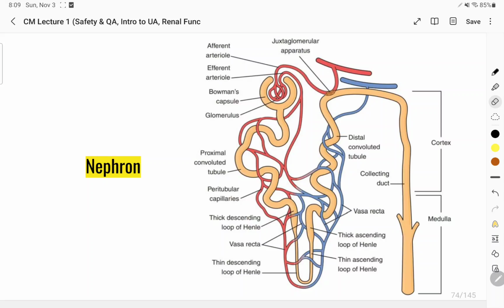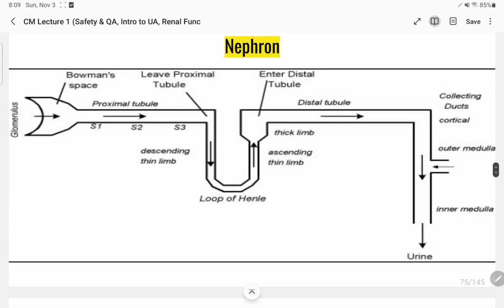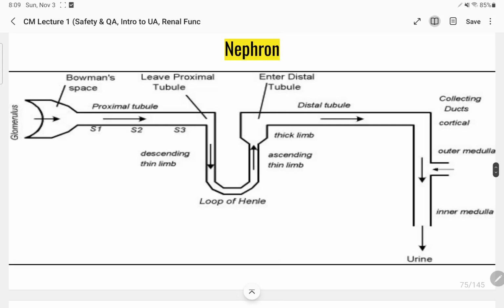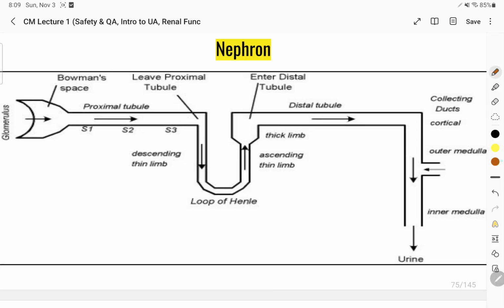Okay, so in the next picture, another diagram of our nephron. It is more 2D than the previous picture. Okay, so we have the glomerulus here, in color.